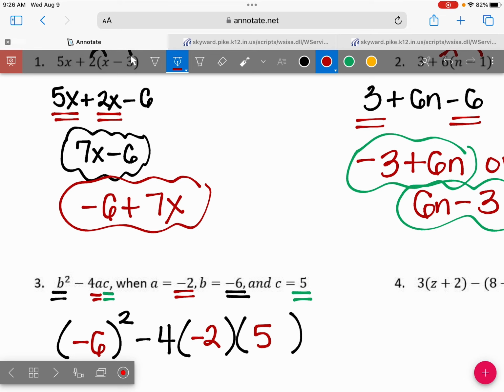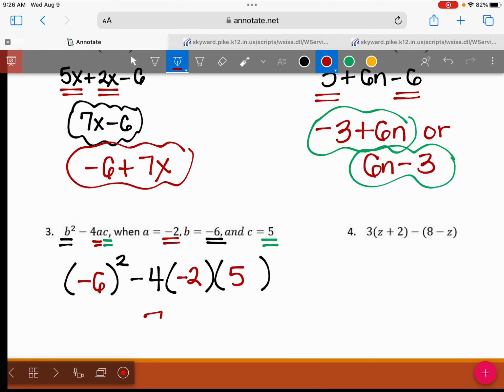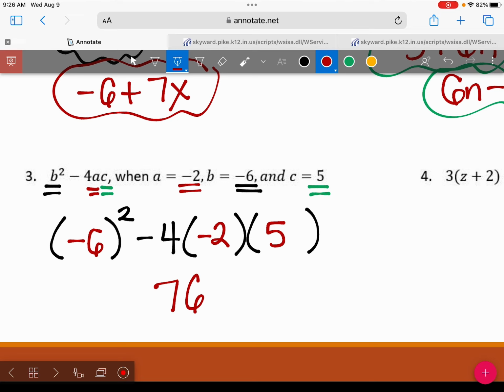40 plus 36, 40 plus 36. Did you get 76? Is that what you all got? Good. So that would be your answer. So if we were doing this following the order of operations, let's work through and make sure we understand why it's 36. The first thing we would do is our exponent. So that would be negative 6 squared, which is 36. And then I'm going to multiply going left to right.